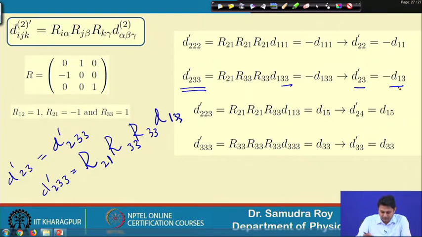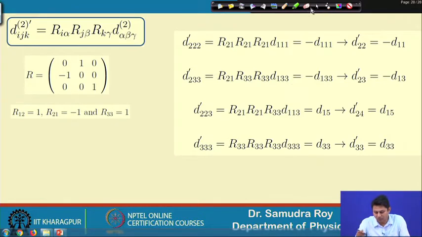From this one thing we can find is that they are related, because after making the transformation, whatever D matrix you get should be exactly equal to the previous one. So, if this component is minus of this component, then there should be some relationship. We will find what the relationship is.